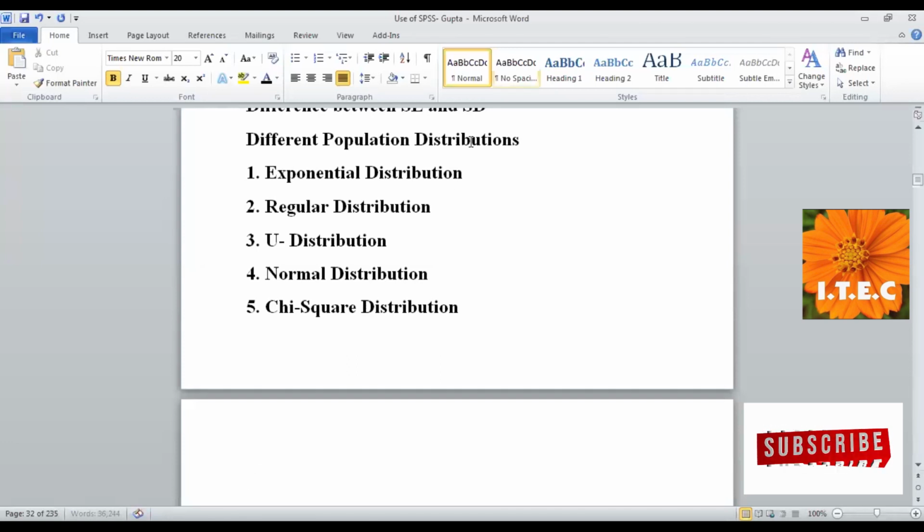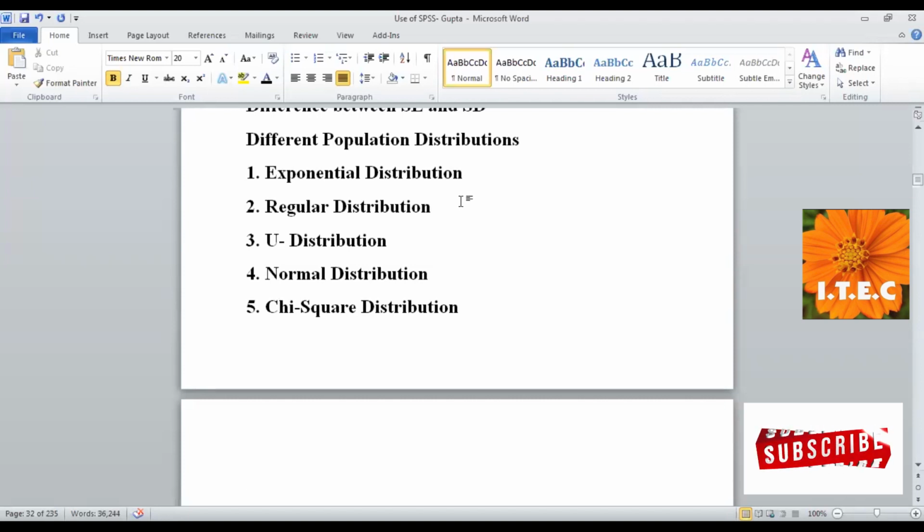Now, if your population distribution is exponential, and you take a sample of 1, a sample of 2, 3, 4, 5, then the sample distribution will not be the exponential distribution. The sample distribution will be different from the exponential distribution.